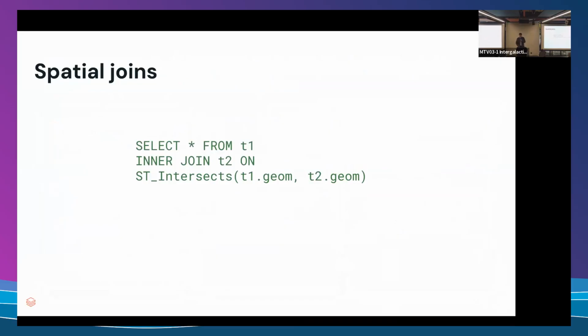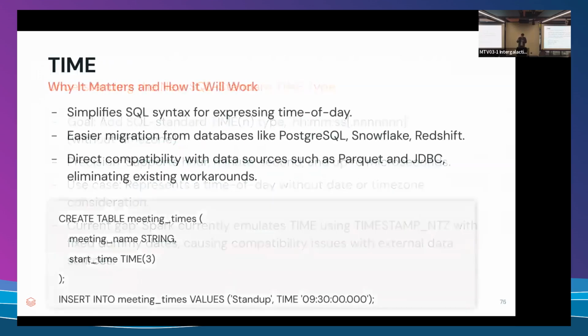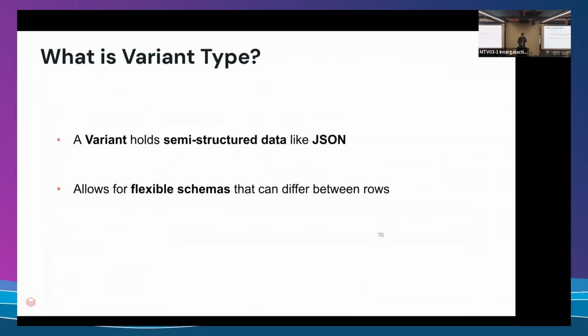We are leveraging an external library. We also add a new time type, which is available in many ecosystems like Postgres, Snowflake, and Redshift. This adds compatibility between different clouds, different database vendors, or different processing engines, so it's easier for data migration.